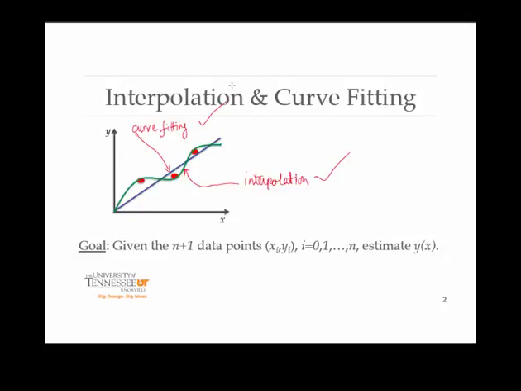And if it is a function, then we also know that for every x, there's a unique y. So our goal is either to produce a smooth curve through those data points for curve fitting, or to find an interpolant, in other words, another function that would actually fit through that data.